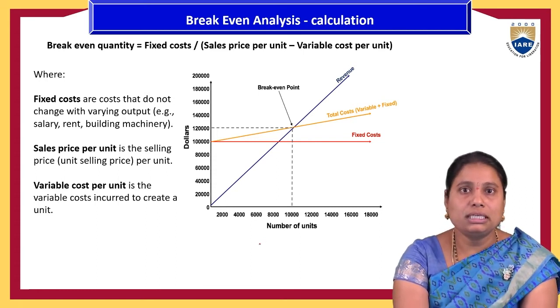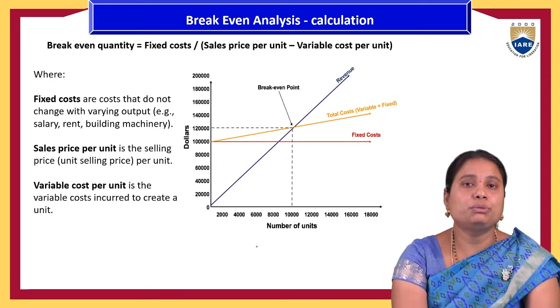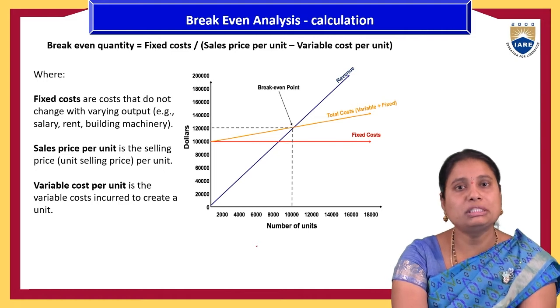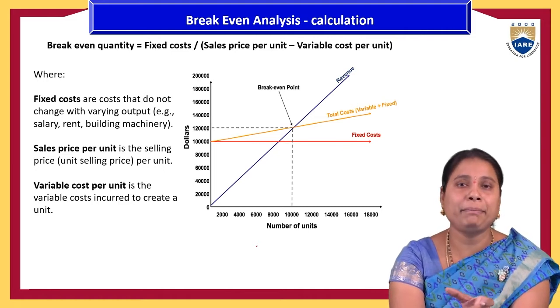Fixed cost means the cost that changes as per the time period but not based on the output of the product, which means it is fixed up to a certain time period.